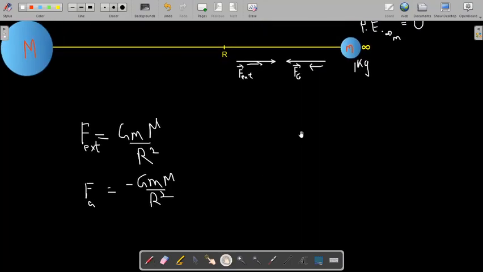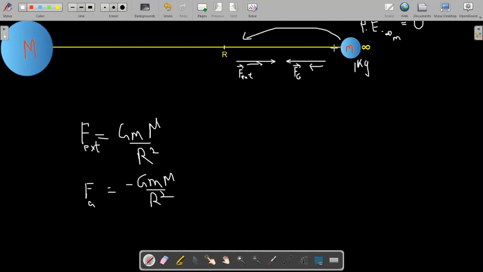I want to find out the work done by the external force to bring the mass from infinity to r. At each and every point, the gravitational acceleration is changing.